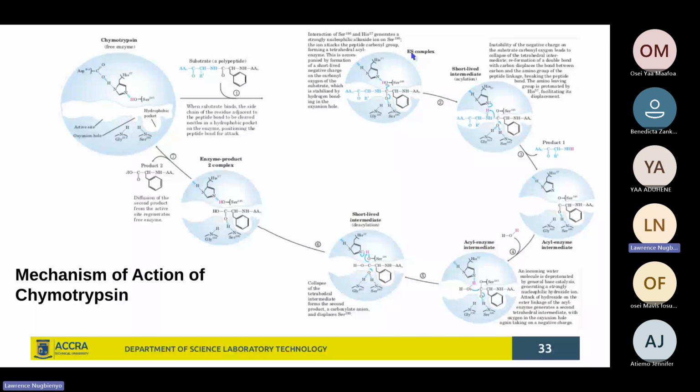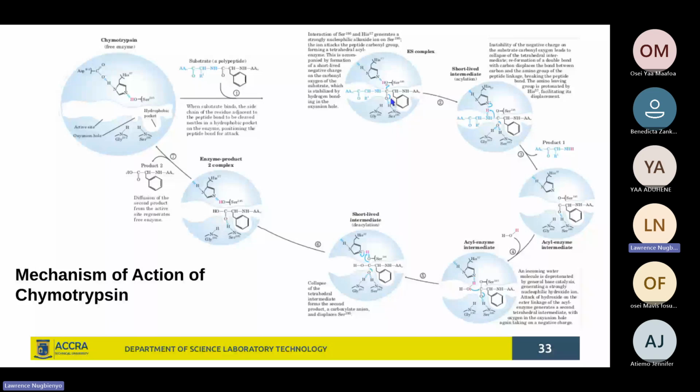Now, what you notice is that the aromatic ring falls into that hole. That is the hydrophobic pocket. So the empty enzyme has that hydrophobic pocket, and specifically into that hydrophobic pocket, you have the aromatic ring falling directly into it.